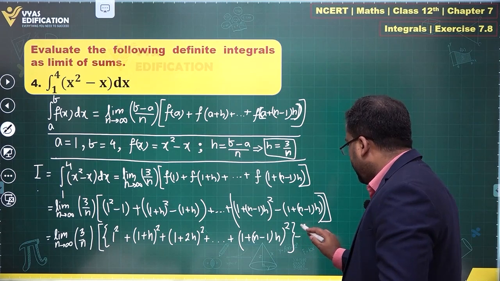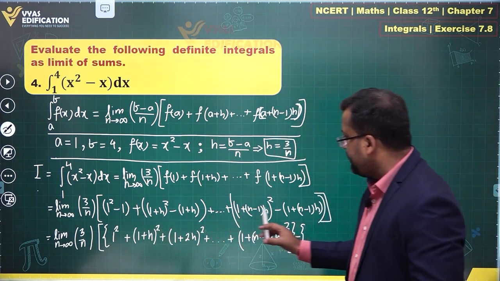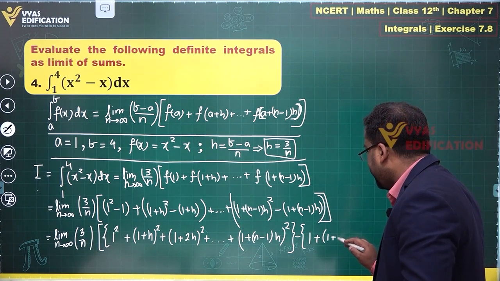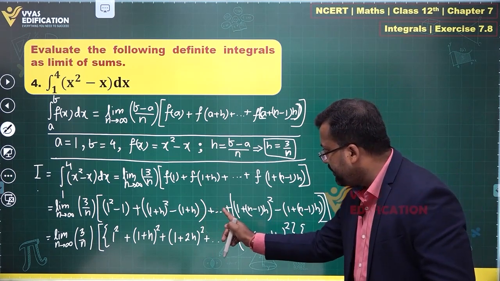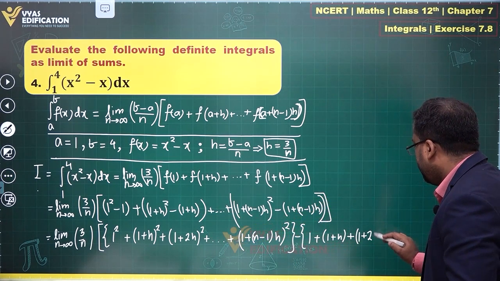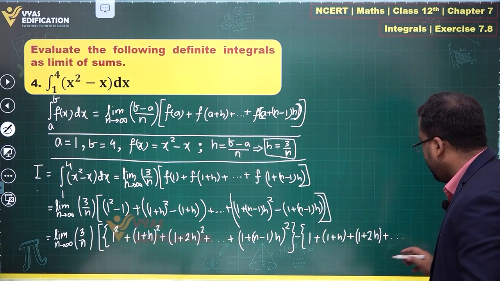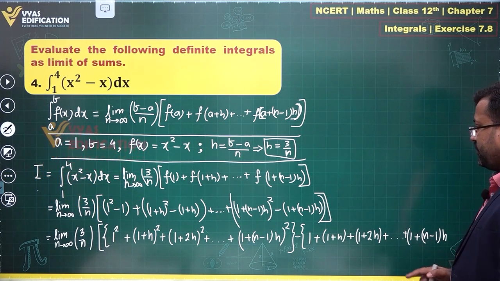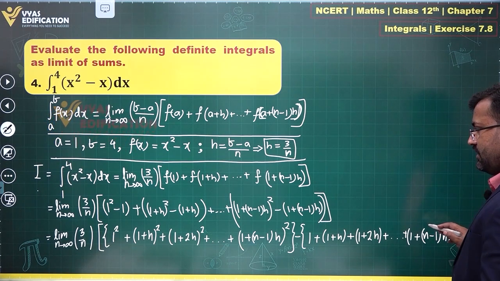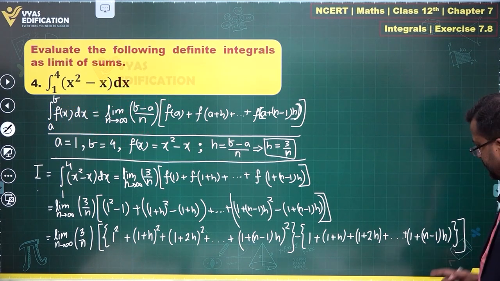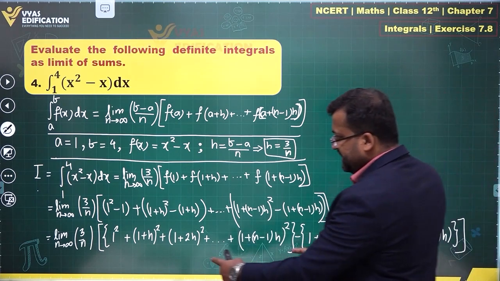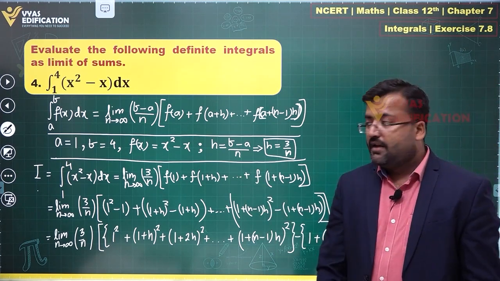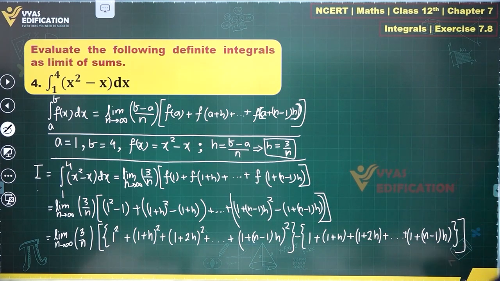Then after this curly bracket, I'll open another curly bracket. There will be a minus, minus of 1 plus (1 plus h), and similarly minus of this. So minus has been taken out common. You'll have 1 plus (1 plus h) plus, from the next term, (1 plus 2h), plus similarly from this term you'll have (1 plus (n minus 1)h). This is what you have, and yes, curly brackets closed, and then the square brackets closed. So this is one part, this is the other part, obtained from x square and x respectively. 3 by n is there outside, right? Observe this last step carefully, and then we'll continue further.